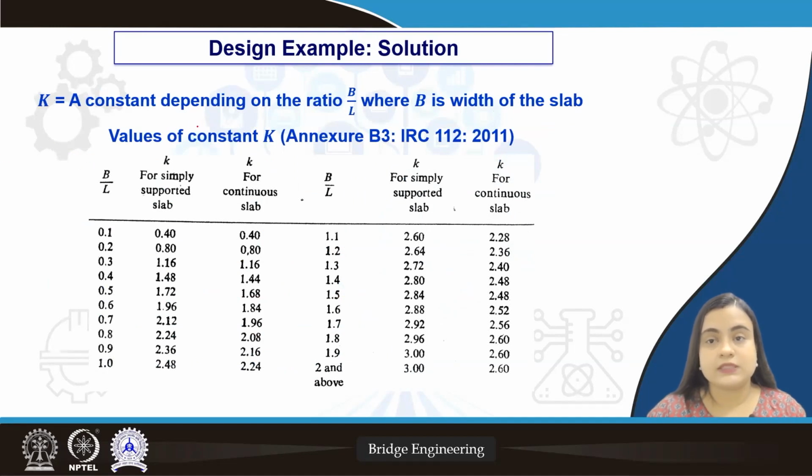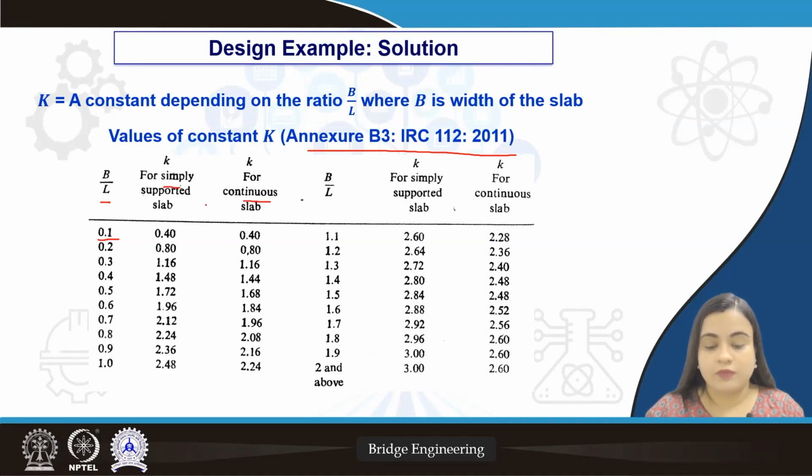Now, K is a constant that is dependent on the ratio of B by L, and we can read this table from Annexure B3 of IRC 112-2011 that for B by L values ranging from 0.1 to 2 and above, we can determine the magnitude of K for simply supported and continuous slabs.